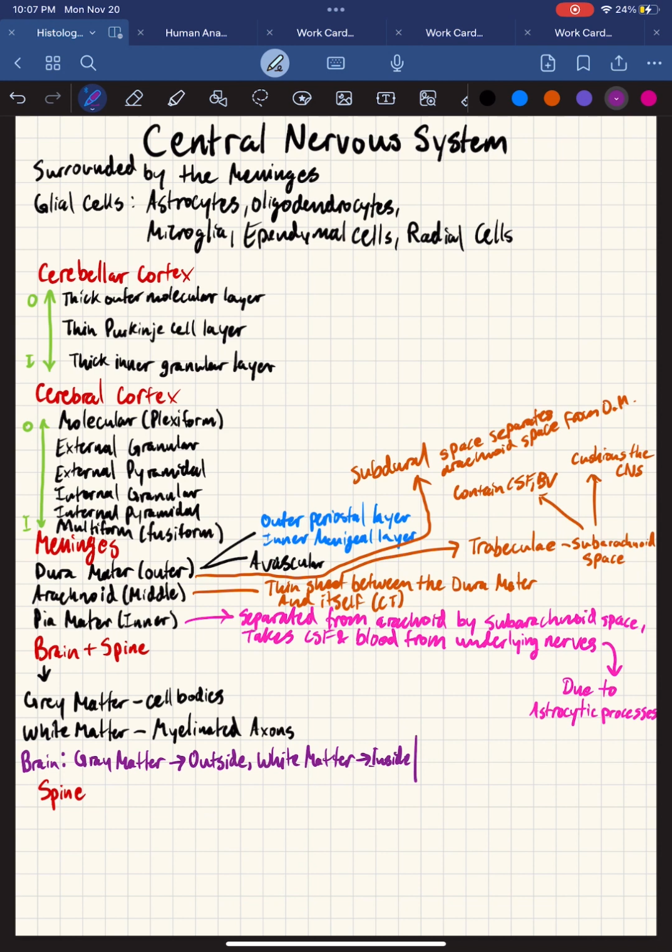Now, that being said, what do you think the spine is going to be like? Yeah, if you guessed the exact opposite, congratulations, you have a brain.